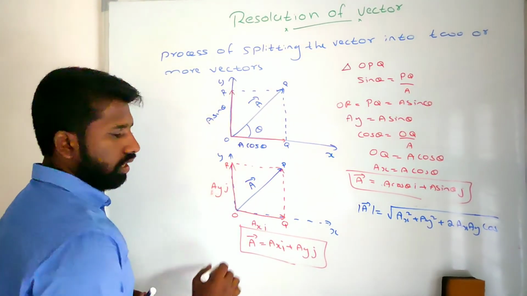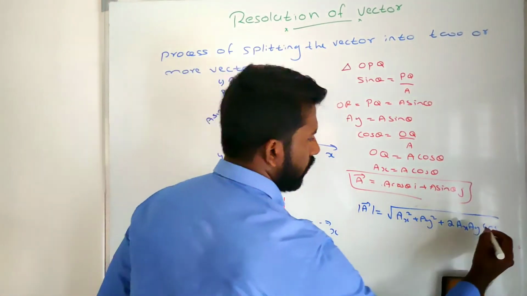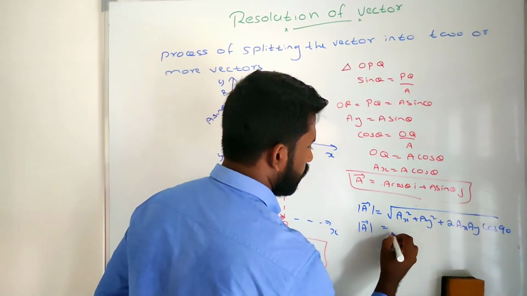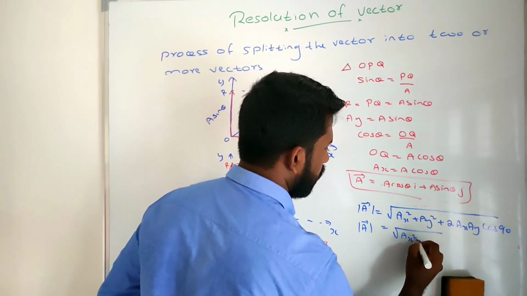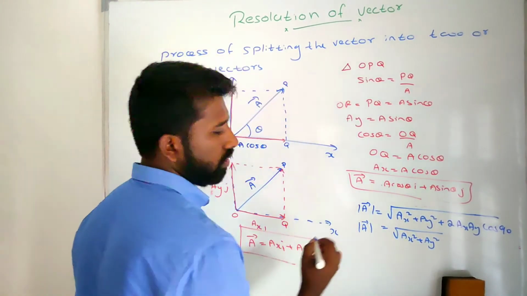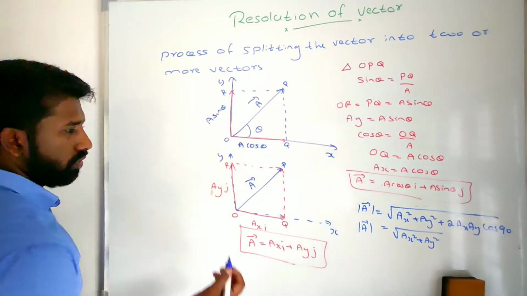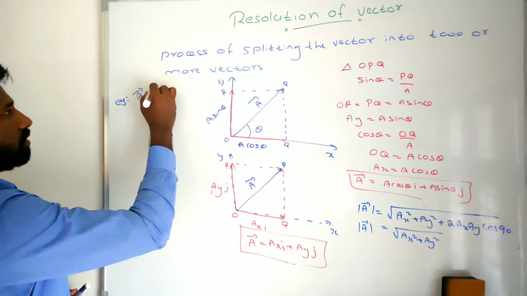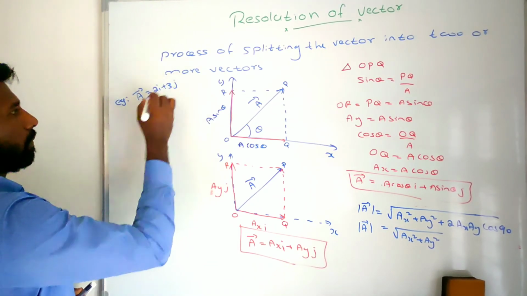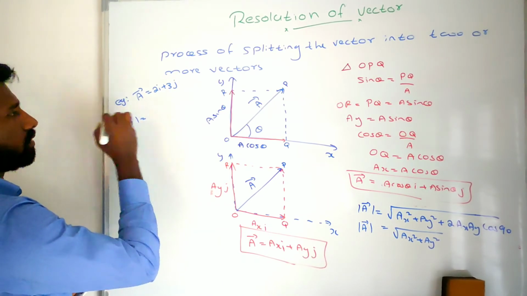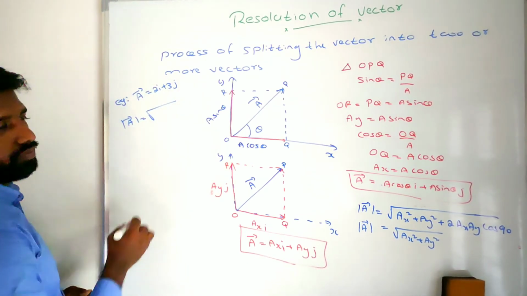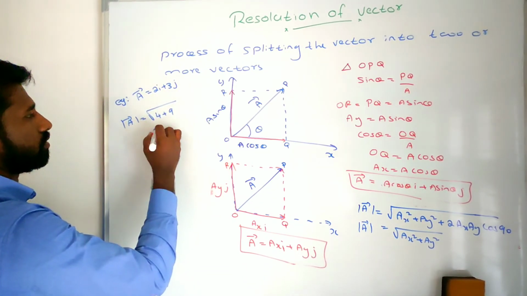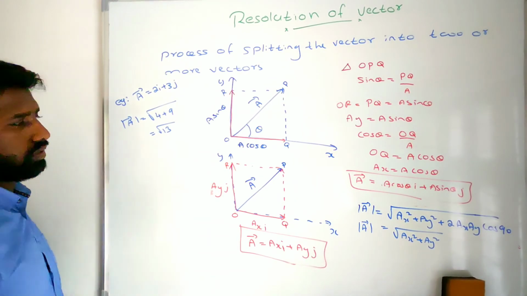You see this X and Y are perpendicular, so the angle between them is 90. So this entire term is 0. So the modulus of the A vector is equal to the square root of AX square plus AY square. This is the magnitude. If I take an example, if the A vector is equal to 2i plus 3j, what about its magnitude? You can see the square root of 2 square, that is 4, plus 9, that is how much you get? Square root of 13. Clear?